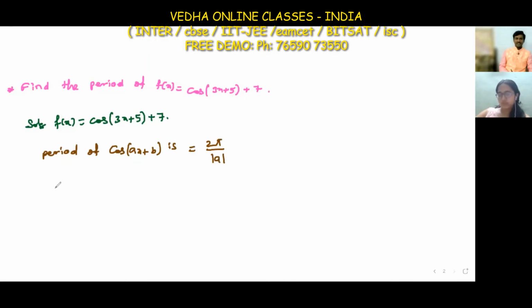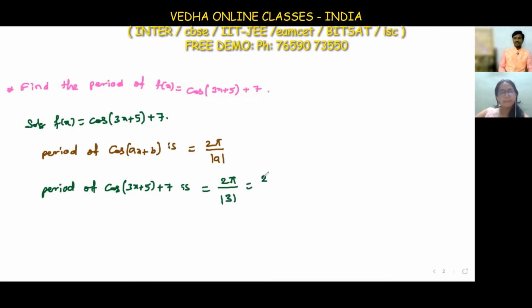So the period of the function cos of (3x plus 5) plus 7 is equal to 2 pi divided by mod a. The x coefficient here is 3, so that is 2 pi divided by 3. This is the required solution.